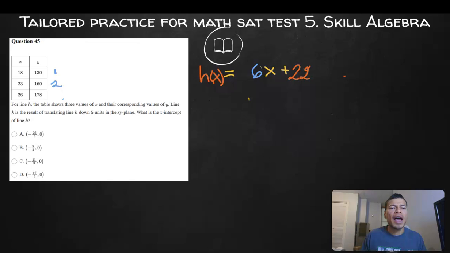So to find function k, we need to subtract. To function h of x, we need to take 5 units. And that's exactly what we are going to do. So now, because we're subtracting 5 units, I'm going to just take away 5 units from here to find function k of x.